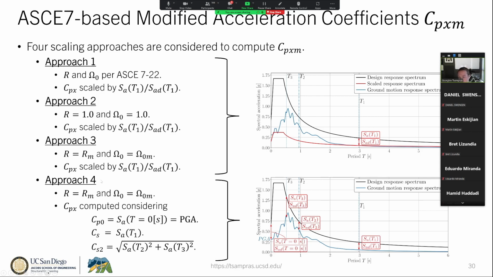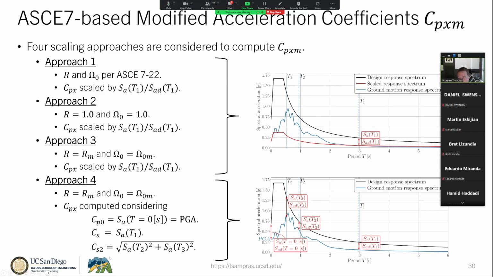And the fourth approach is use this modified R and omega factors, but go a little bit further and compute CPX, which is the design-based acceleration coefficient, considering information from the spectral acceleration at different periods given the recorded ground motion.